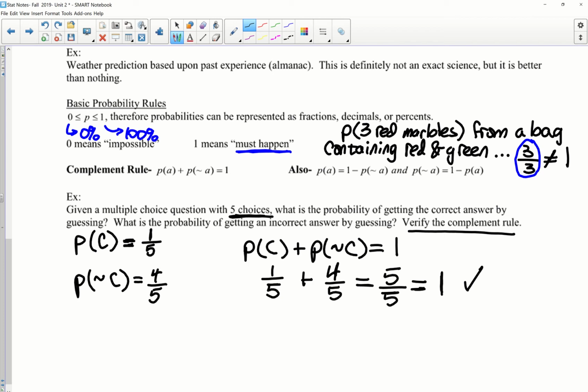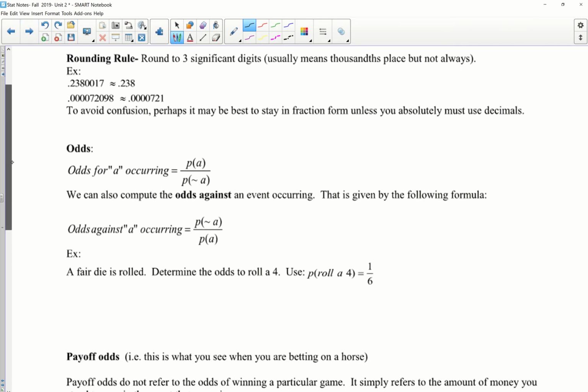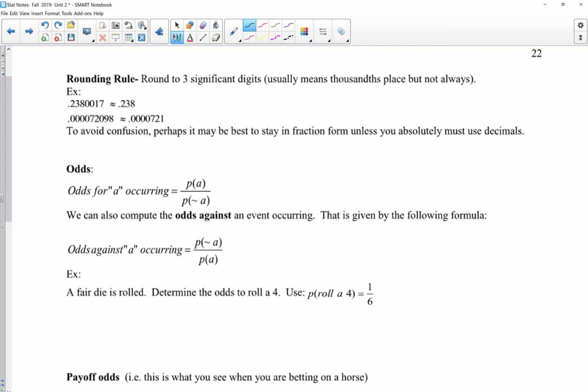So, anyway, the basics of probability. We have rounding rules, and my point behind these rounding rules, to some extent, is to talk you into just putting your answer in fraction form. I know people can shy away from fractions. They want to use decimals, but decimals are a pain. Maybe you think fractions are a pain, and I say, agree to disagree.